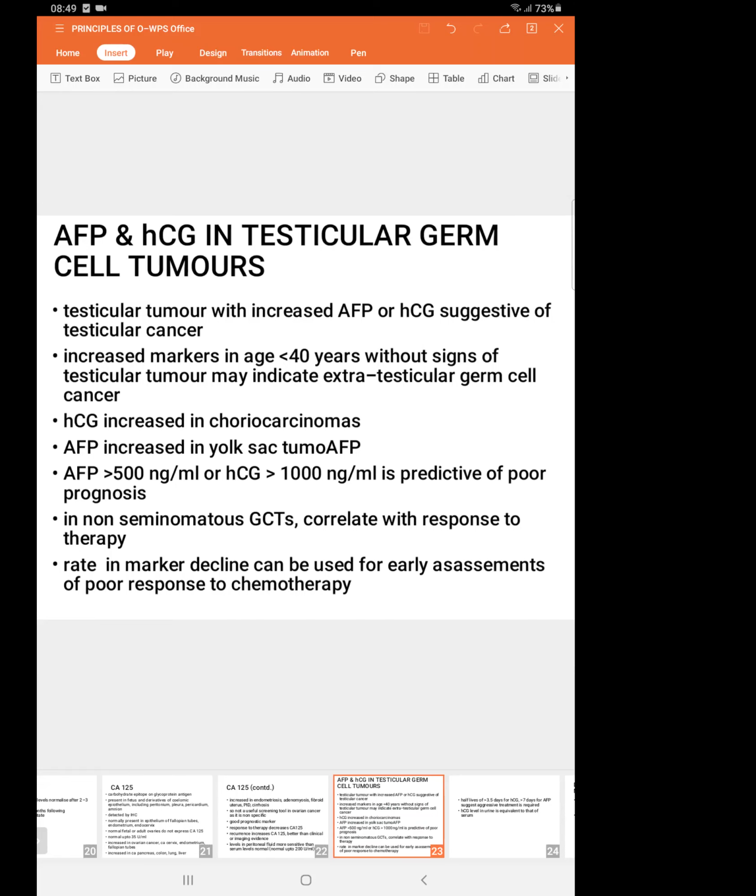In non-seminomatous germ cell tumors, the levels of AFP and beta HCG correlate with the response to therapy. The rate of marker decline can be used in the early assessment to predict whether there will be a poor response to chemotherapy.